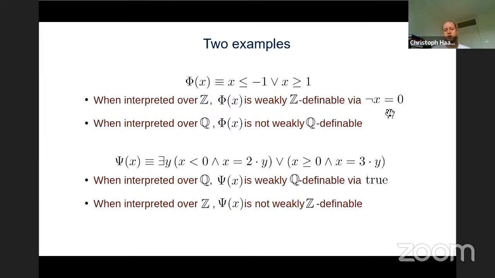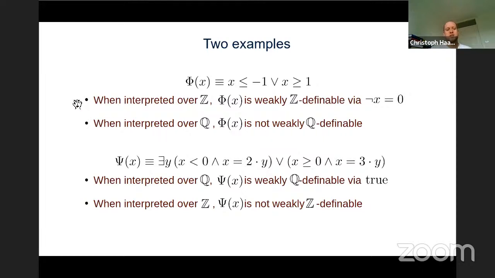So we're not using an order here. However, this set is not weakly Q definable, because we would need to cut out an infinite number of points between -1 and 1, and this is something we can't do. We can only cut out a finite number of points if we don't have an order relation available.